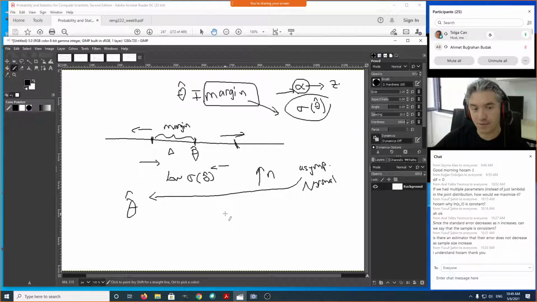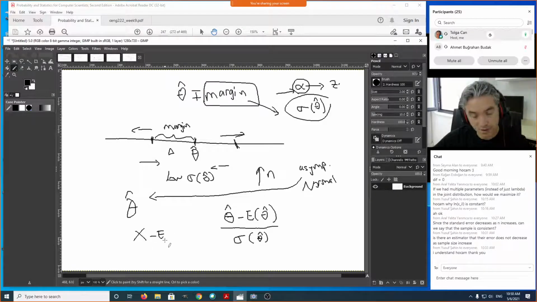What is its standard form? Its standard form is theta hat, subtract from it the expected value of theta hat and divide by the standard deviation. Theta hat is a random variable, right? If you remember, if x is a normal random variable, if you subtract mu from it and divide by the standard deviation, you standardize it.